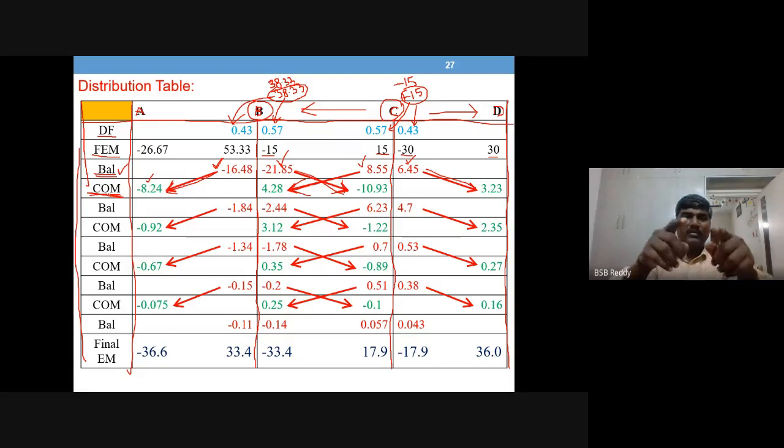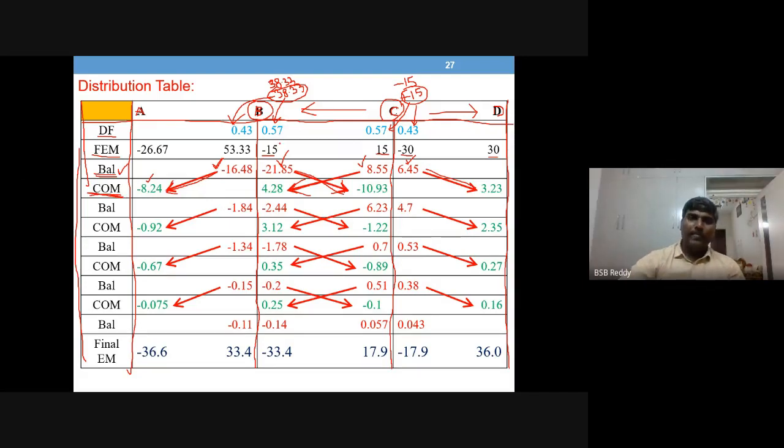Okay. Observe here. From B, we have carried forward the moments to far ends. For B, A is a far end, C is a far end. Okay. And here you are considering continuous support also as fixed end. Okay. So that's why half the value goes there.